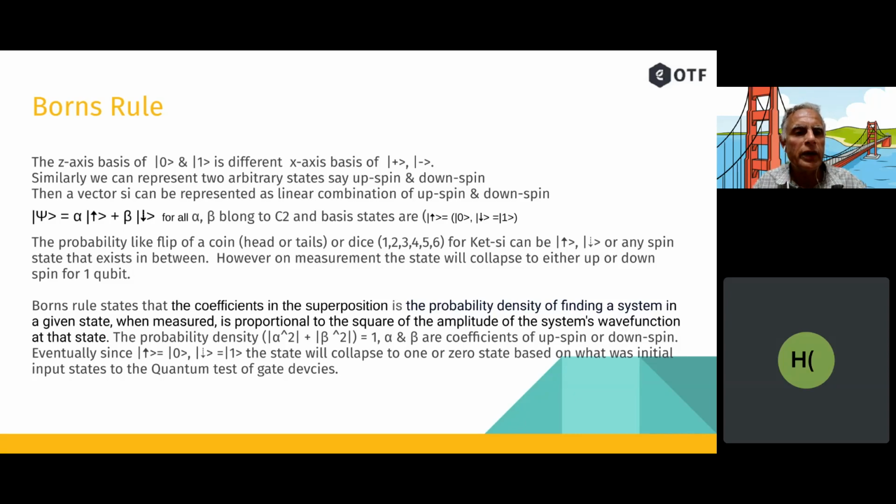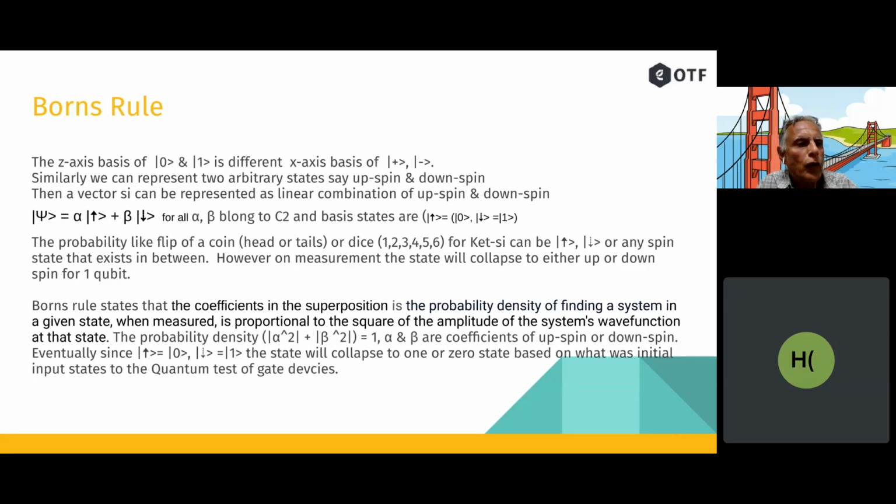So we are taking ket psi as alpha times the up arrow ket, plus beta times the down arrow ket, which is nothing but ket 0 and ket 1. The probability is like the flip of a coin, head or tail, or similarly a dice, 1 2 3 4 5 6. So we are taking probability based on the up arrow and down arrow being ket 0 and ket 1, and so it is one or the other. If you try to measure, it is anywhere.